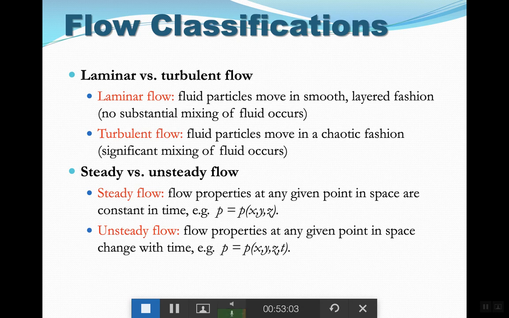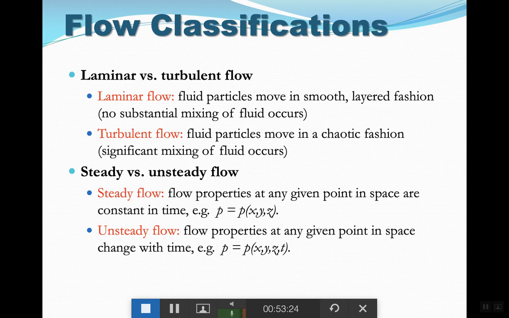You have to answer whether the flow is laminar or turbulent. That's important. We will cover turbulent flow in one full session. But in turbulent flow, the fluid particles move in a chaotic fashion, whereas in laminar flow, they move in a smooth, layered fashion.